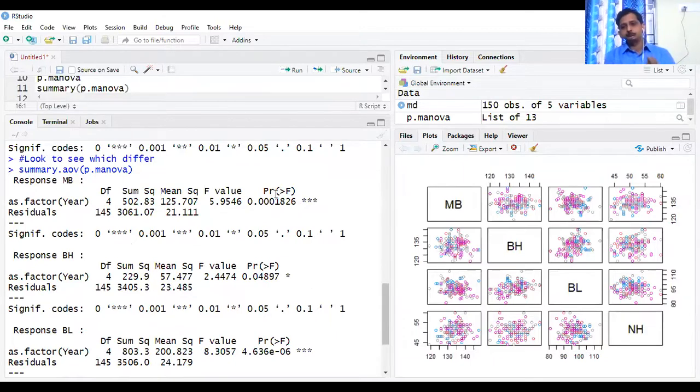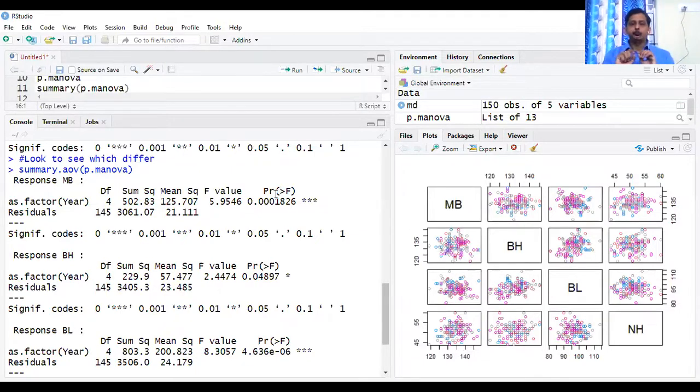Now, the next question will come. What is the next question? Which pair of years is MB breadth observed to be similar or not? We have 5 years, so 5C2, 10 combinations will come. That is 4000 BC to 3300 BC, 4000 BC to 1850, 4000 to 200, 4000 to 150.